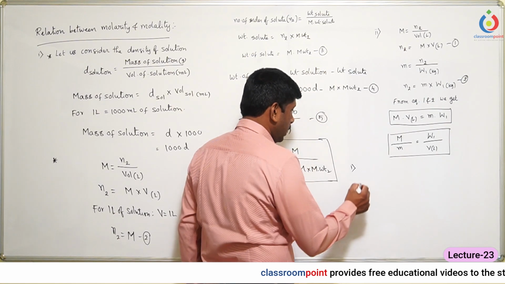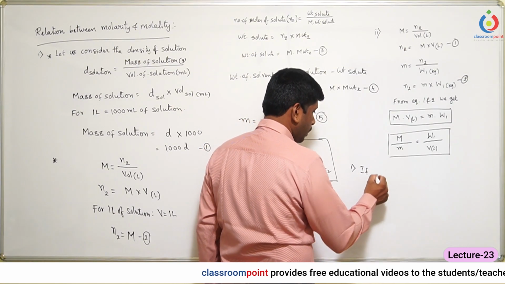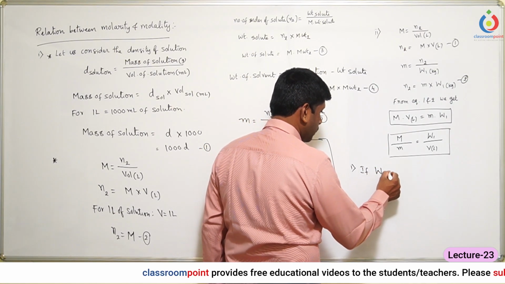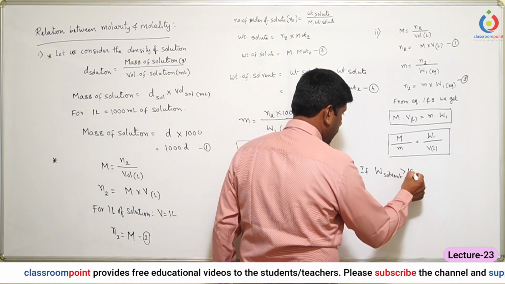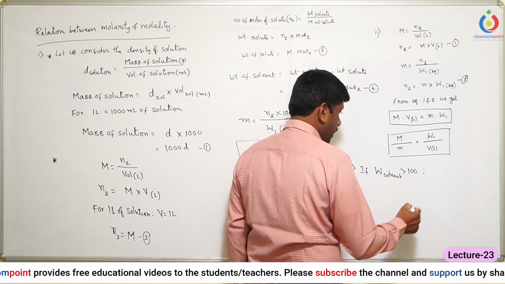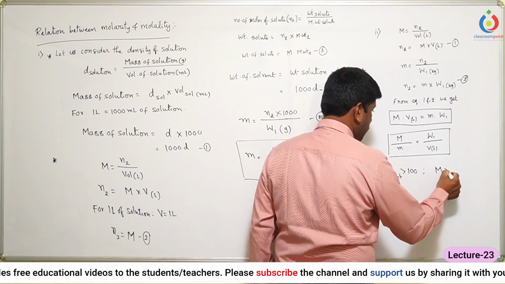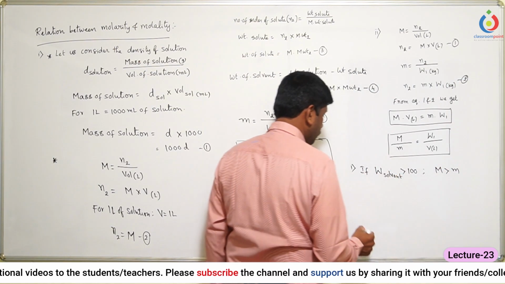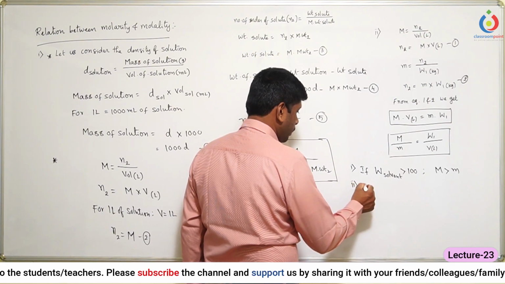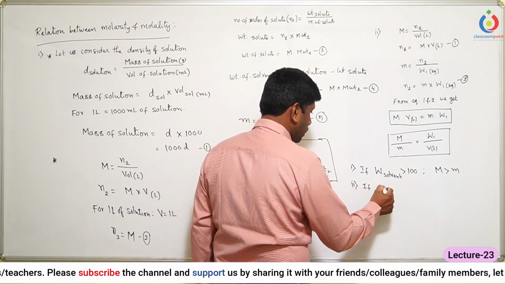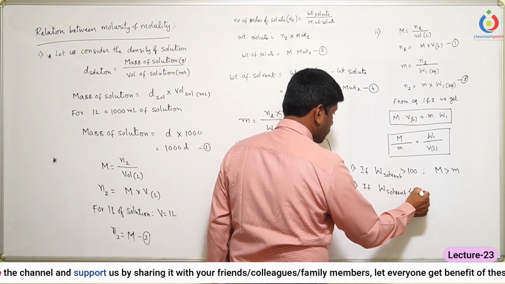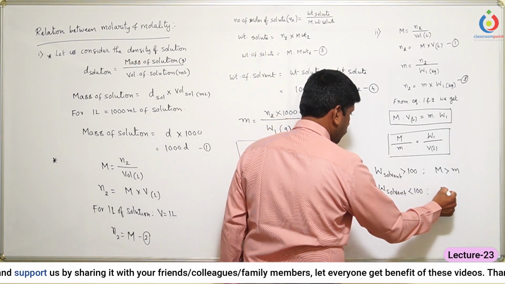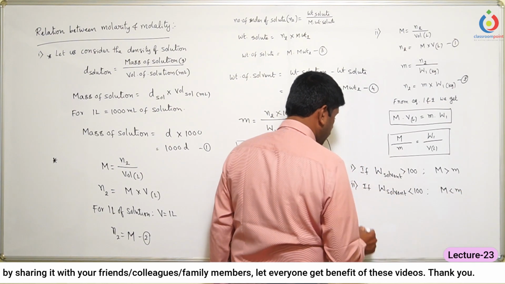Now let us see. If the mass of solvent is higher than 100, then molarity is greater than molality. If the mass of solvent is less than 100, then molarity is less than molality.